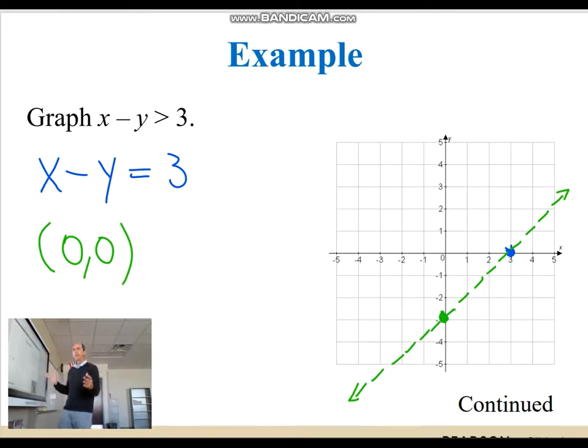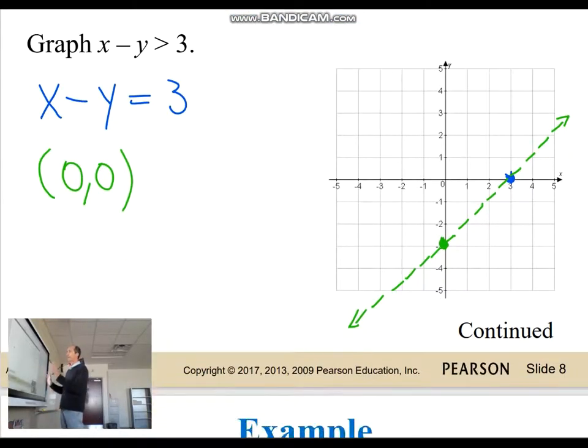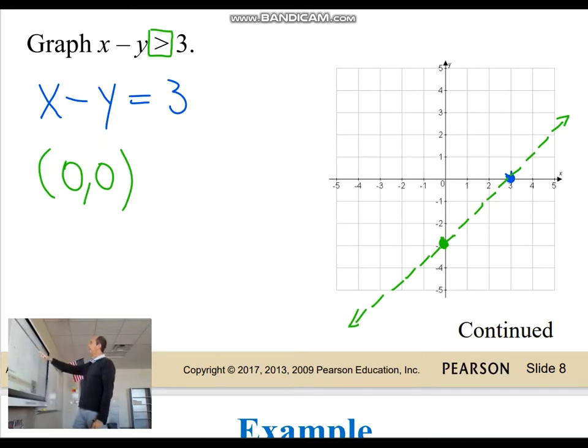The area is the one that we will select as the representation of the solution. Another way of looking at this is to check the kind of inequality as well. We are looking at a greater than sign. Well, let's work on the test point first.